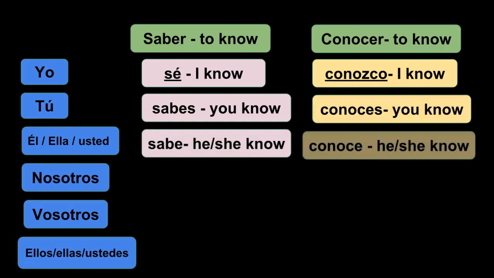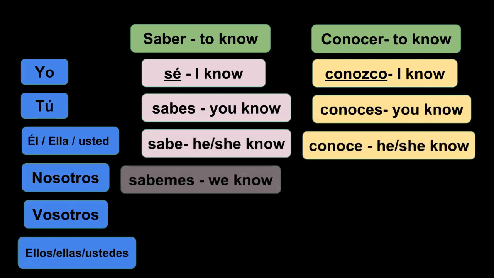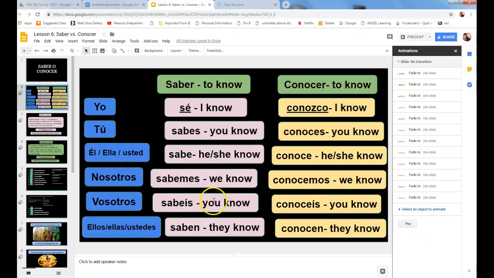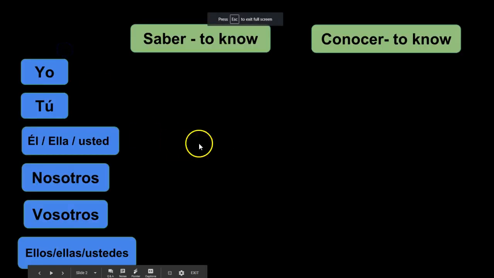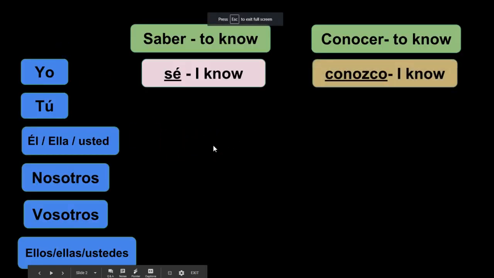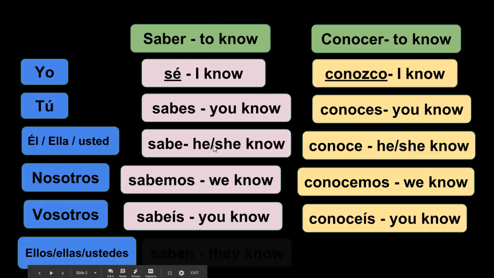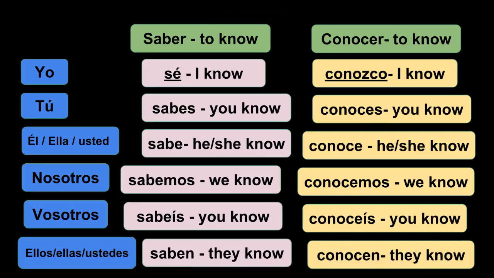Sabes, conoces, sabe, conoce, sabemos, conocemos, sabéis, conocéis, saben, and conocen. So besides the yo form, the rest of them follow the pattern of a regular ER verb.